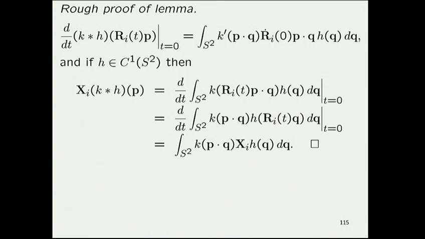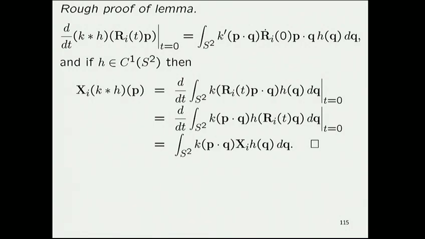And now the trick is that you change variables on the sphere. You use ri of t q instead of q. That's a measure preserving transformation on the sphere. It's just a rotation. But then you're going to get an ri of t p dot ri of tq, which is just p dot q. So you get k of p dot q, and you've managed to put the ri of t inside the h.